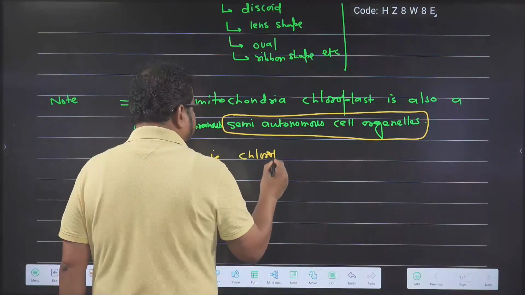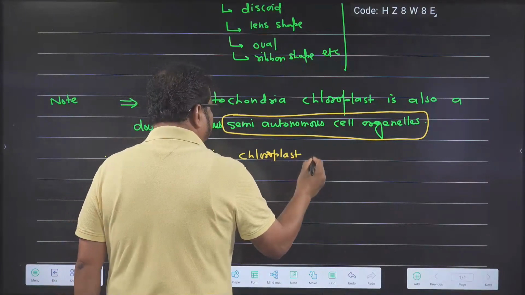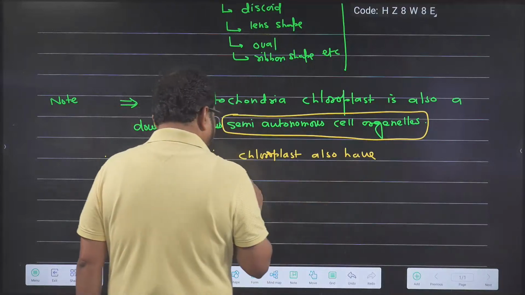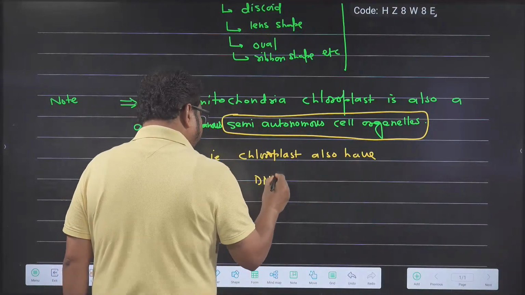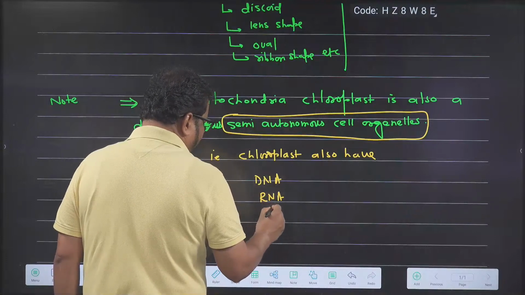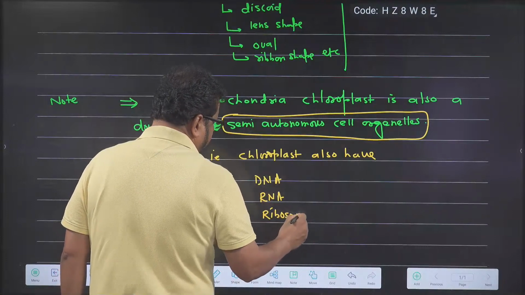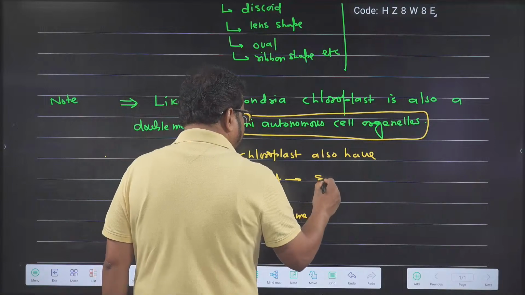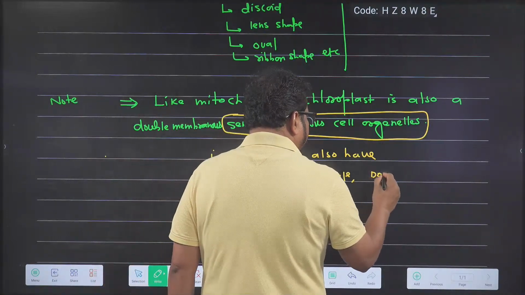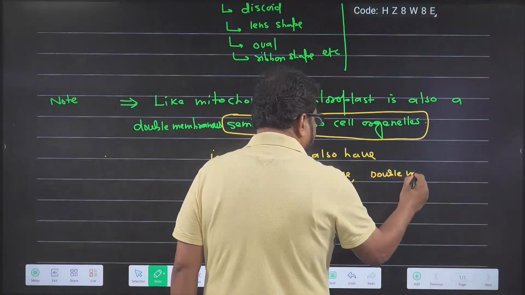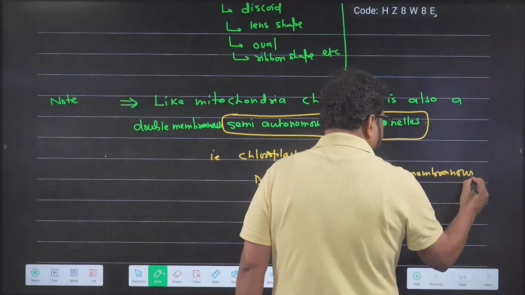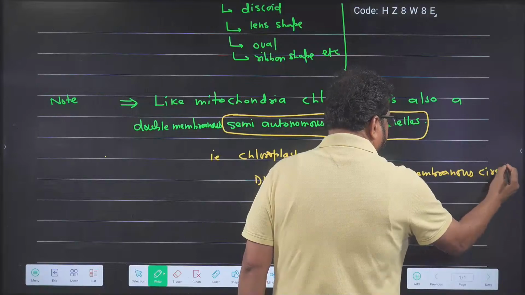So you can say that chloroplast also has DNA, RNA, ribosome, and the DNA is the same: single, double membranous, circular DNA.